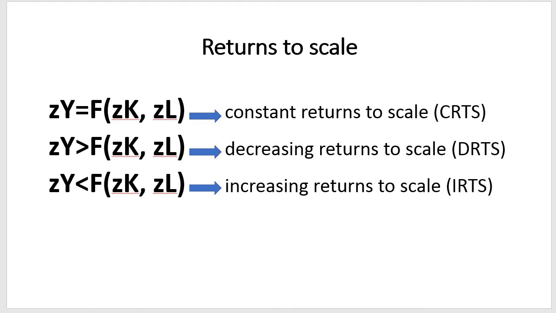Finally, under increasing returns to scale, again, increasing capital and labor stock by equivalent proportion results in the increase in output exceeding this proportion. Using the same example, increase the stock of capital and labor 2 times and the output is gonna increase by more than 2 times.